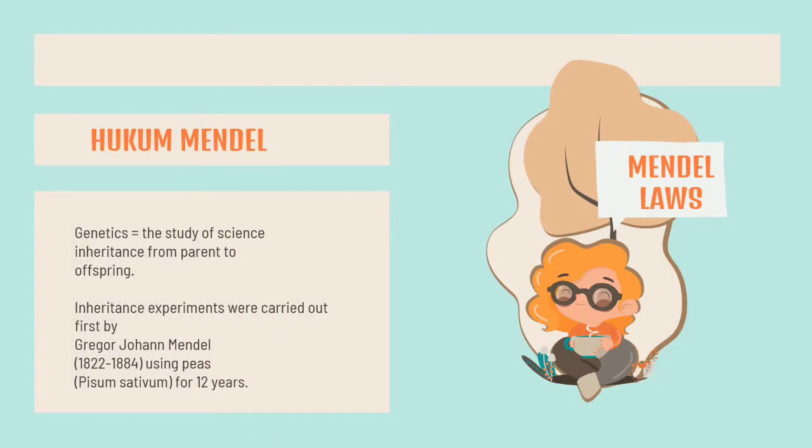Mendel's laws. Genetics is the study of the inheritance of traits from parents to offspring. Inheritance experiments were first carried out by Gregor Johann Mendel, using peas, or Pisum sativum, for 12 years.